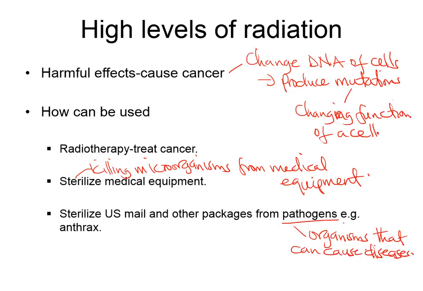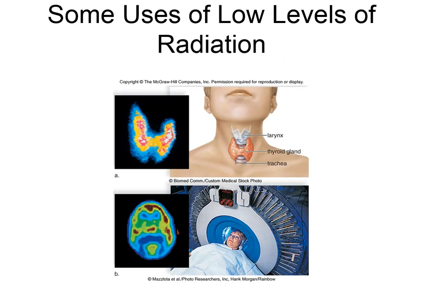So write that down. So how can we use high-level radiation? Three ways: radiotherapy, sterilizing medical equipment, sterilizing US mail. So here they're just showing how you can use low levels of radiation and high levels of radiation.